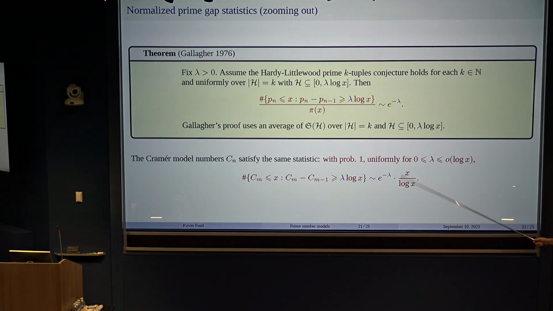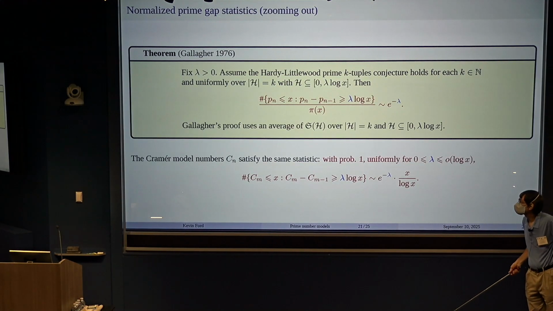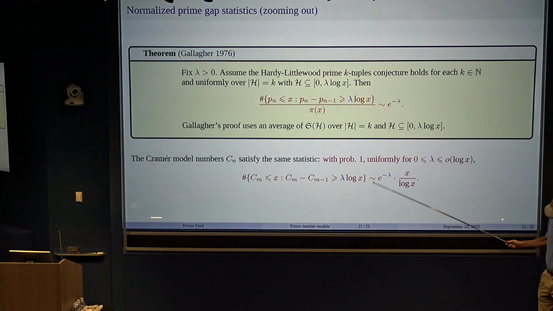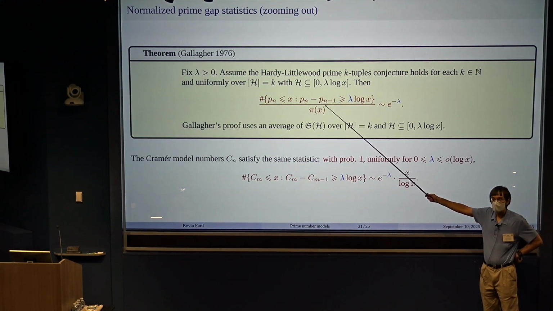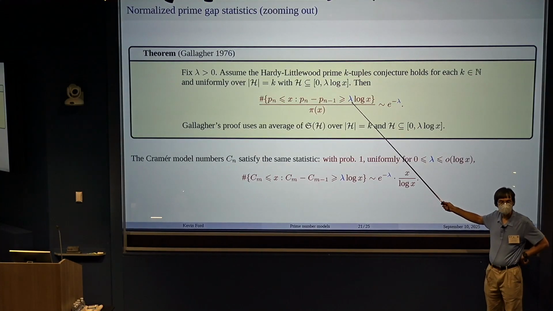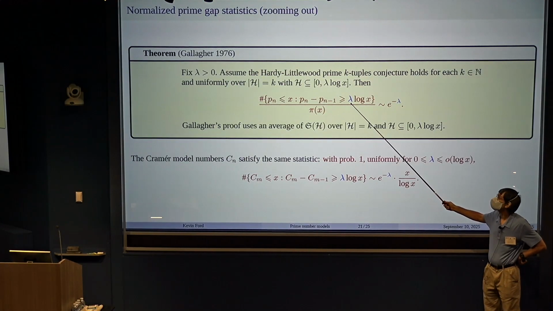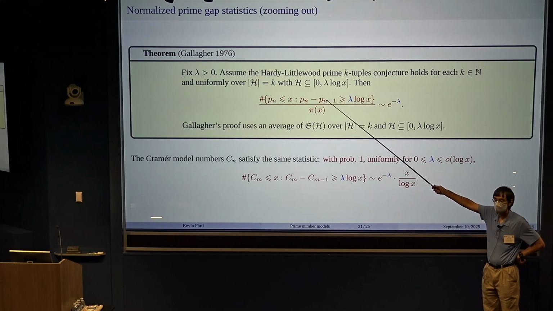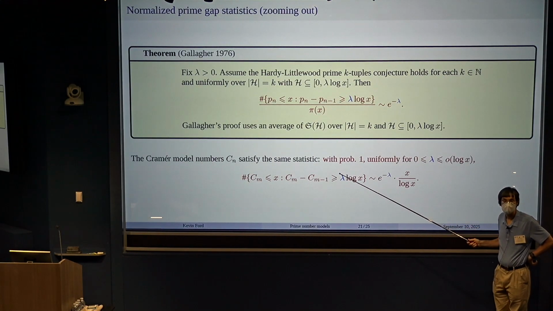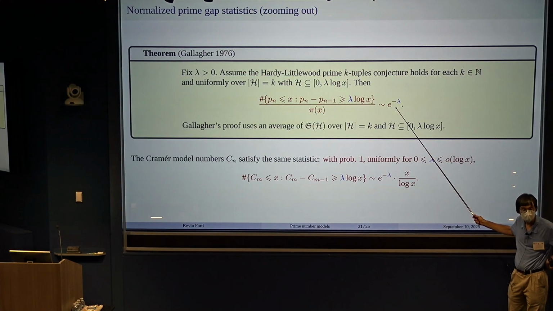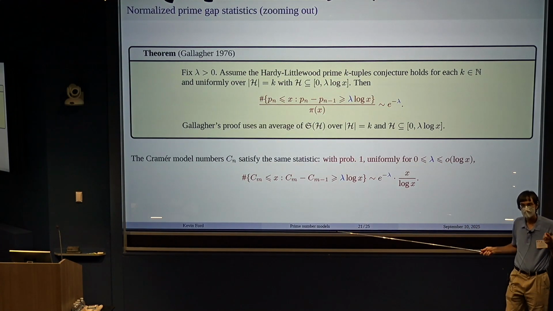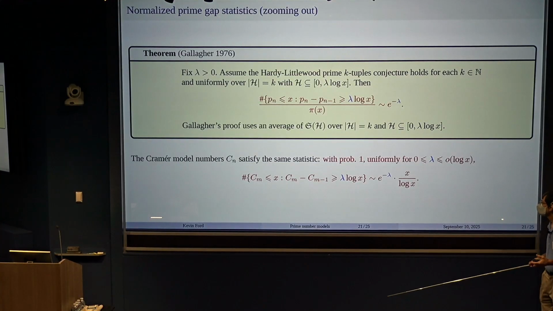I did want to talk for just a few minutes about this idea of counting how many prime gaps are at least a constant times the average. Now, Gallagher showed that if we assume a suitable uniform version of the Hardy-Littlewood conjectures, we get this exponential distribution coming out, which matches what we had from the Cramer model. But wait a minute.